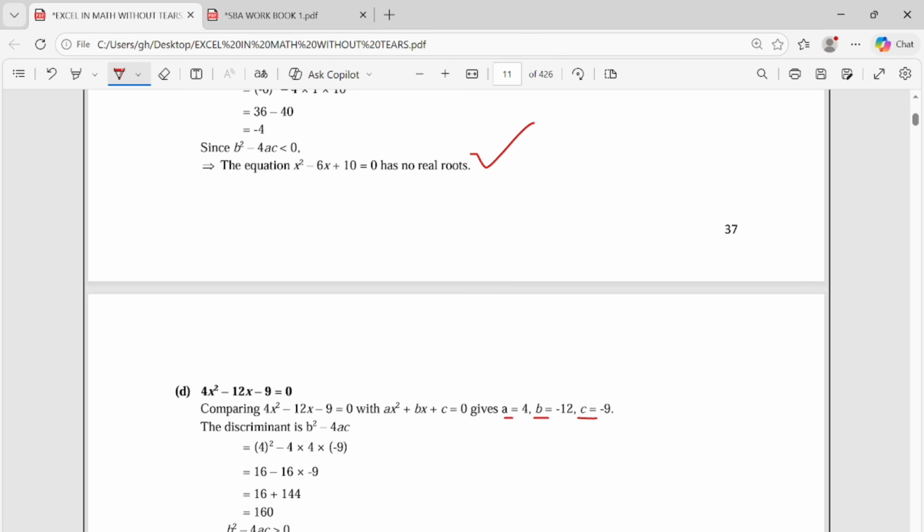So 160 is a positive number that is greater than 0, meaning that our roots are real and distinct. So this is what I was talking about.